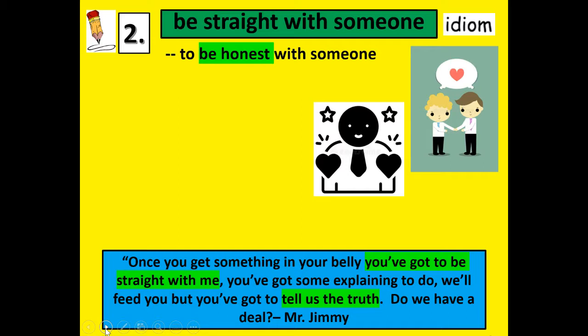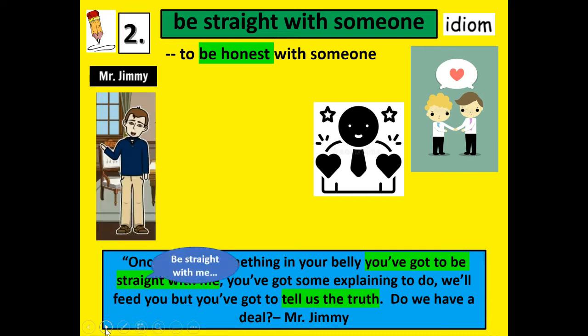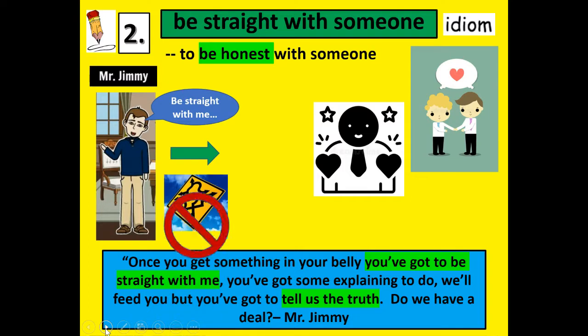You've got some explaining to do. We'll feed you, but you've got to tell us the truth. So to be straight with someone means to be honest. And Mr. Jimmy is asking Bud to be honest with him. So here's Mr. Jimmy, and he's saying to Bud, be straight with me. That means be honest. And here's Bud.